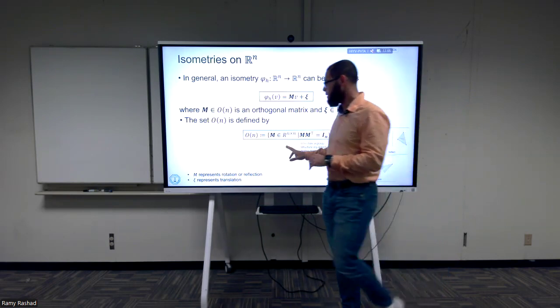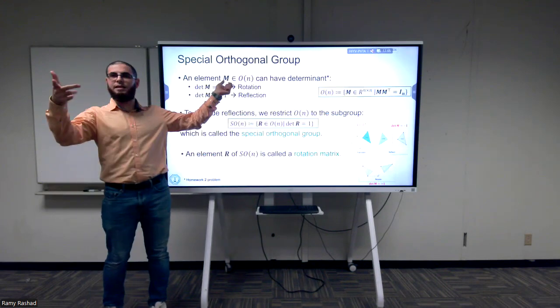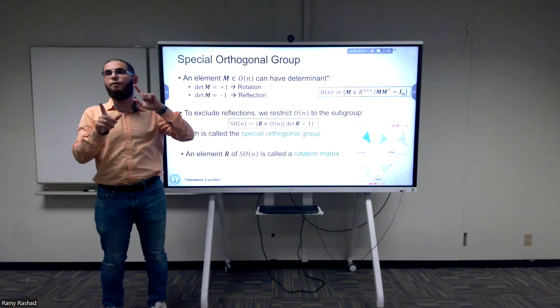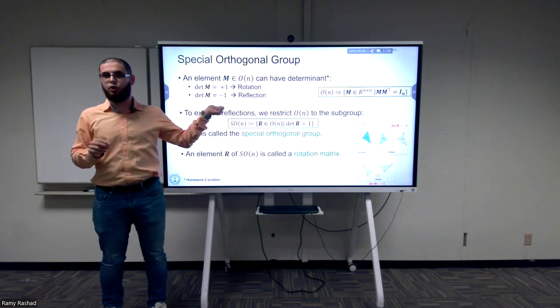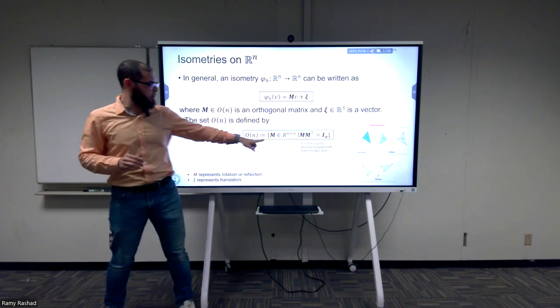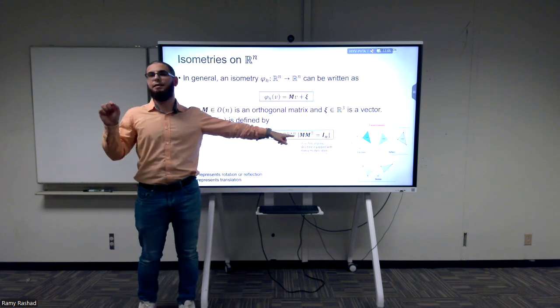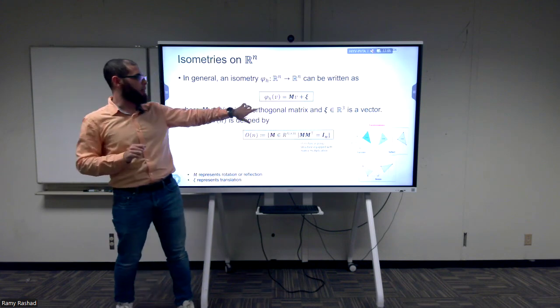But there's a problem here: an element of this orthogonal group can have a determinant that's either 1 or -1. That's also a proof that will be in the homework. This condition implies that the determinant of M can be either +1 or -1.